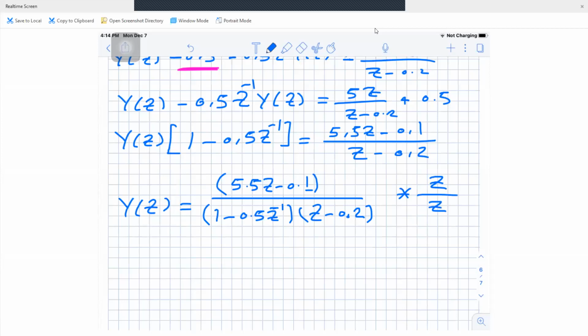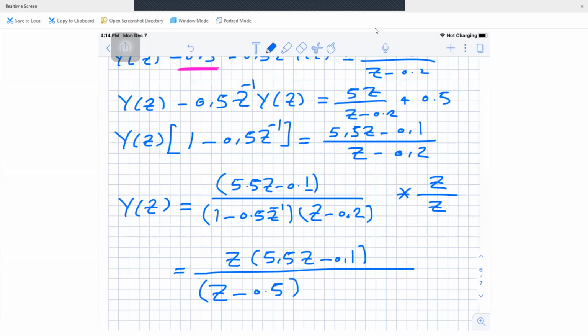Okay, so y of z will be z multiplied by 5.5 z minus 0.1. Now, the z in the denominator will be used to enter the first bracket. It will become z minus 0.5, and z minus 0.2.